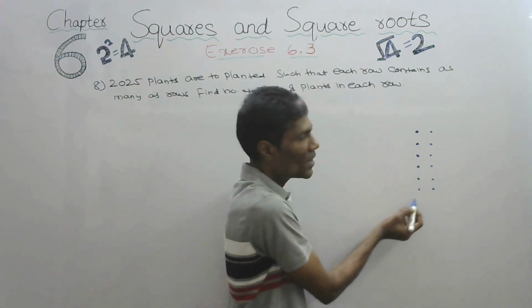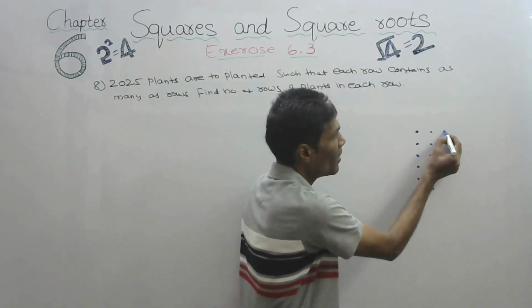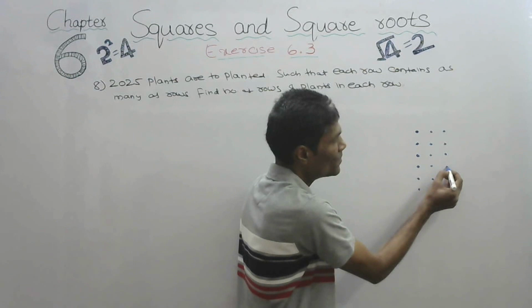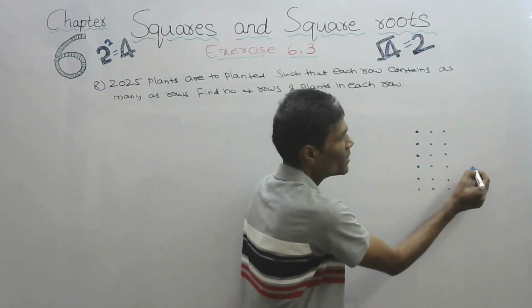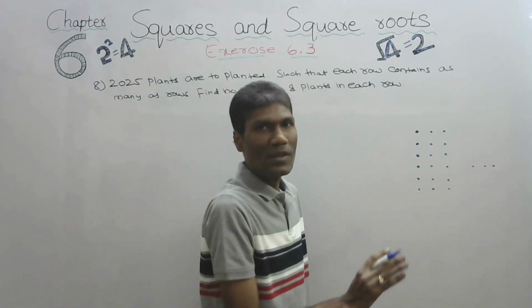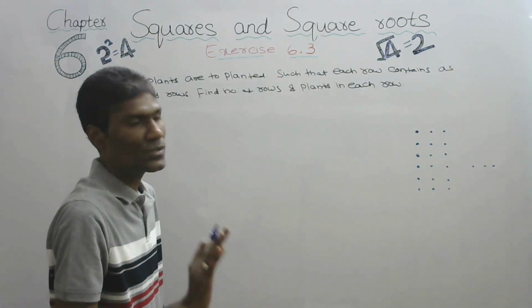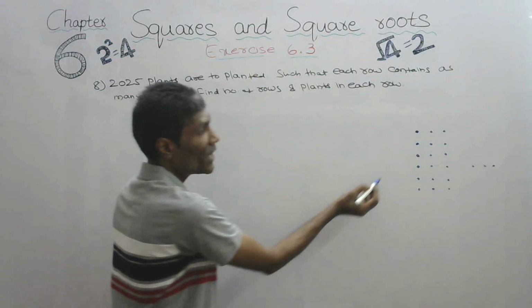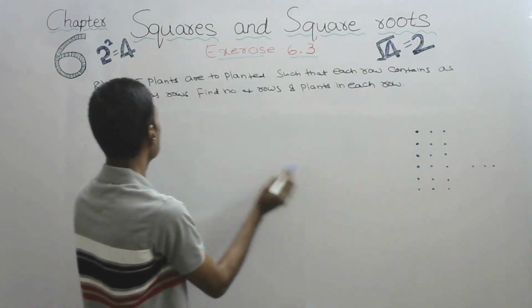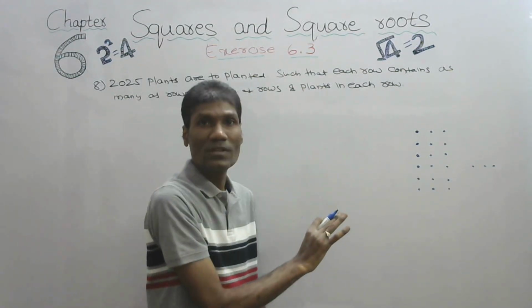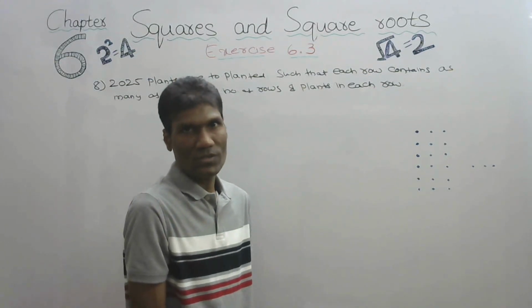One row, next row, again next row, and this will continue. He says total plants are 2025, such that each row contains as many plants as the number of rows.